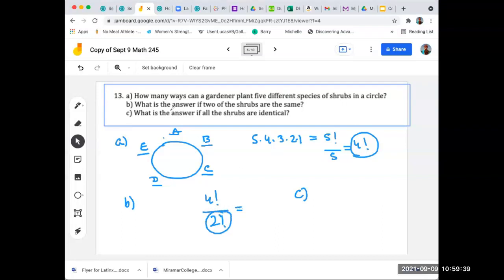Okay. My question is, how do we know when to use the factorial sign? You know to use the factorial because you're looking at how many ways the things are arranged.